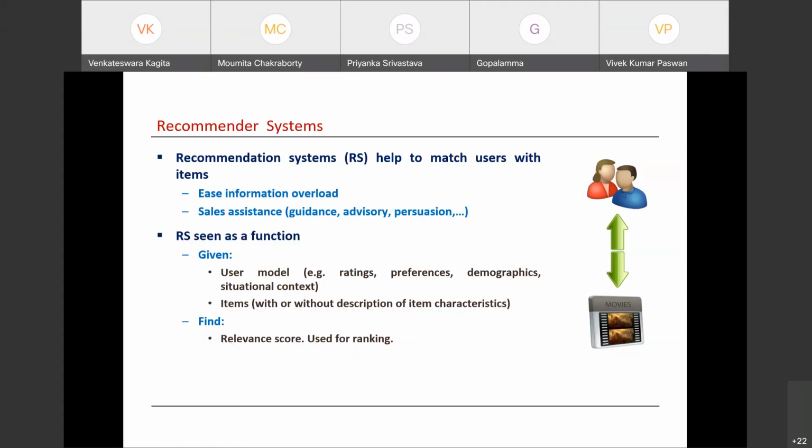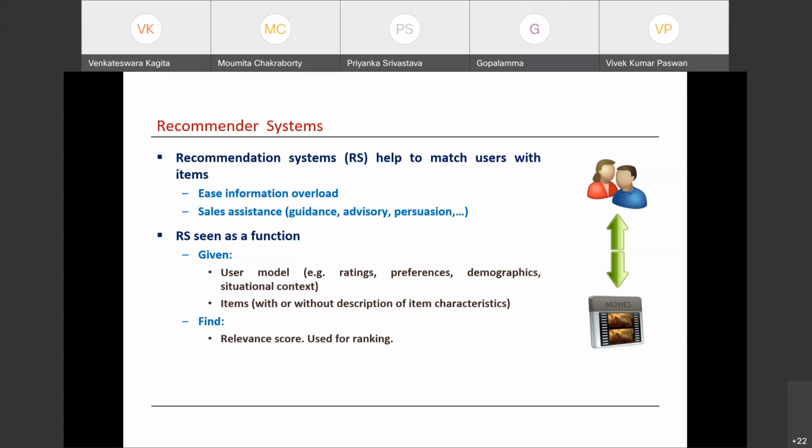Given the user model, meaning user ratings about some items, user preferences, or demographics or situational context, all this comes under the user model. Your recommendation algorithm uses one or more of this information. It may use ratings, it may use demographics sometimes, it may use situational context, or it may use all of this information, or some part of it, based on the available data.